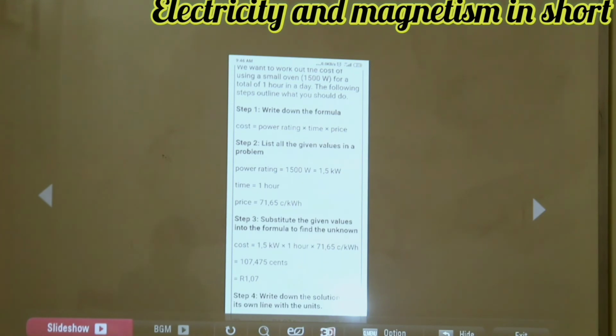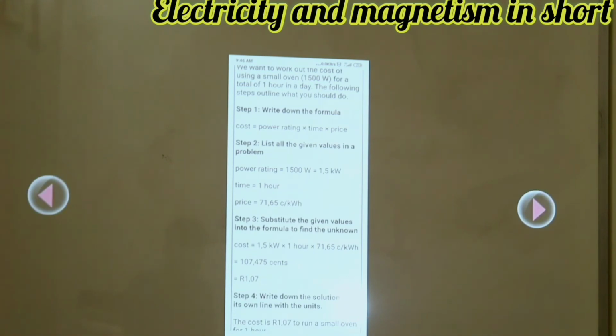Step 2, list all the given values in the problem. So power rating. So the power of the device is 1500. That power you must convert into kilowatt, that is 1.5 kilowatt. And the time is given in hour.